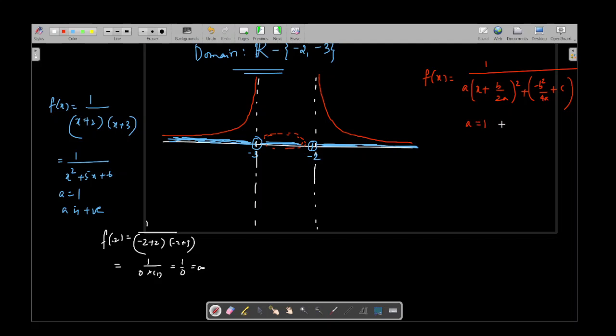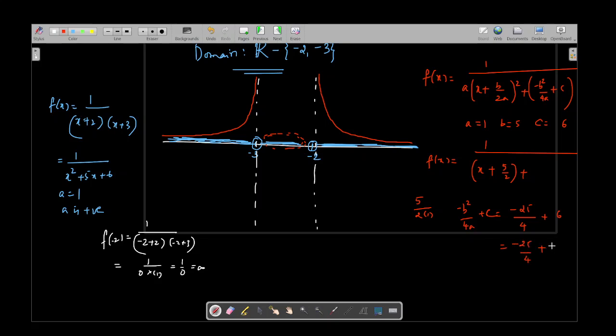So here a is 1, b is 5, and c is 6. So the quadratic can be written as 1 into (x plus b by 2a, 5 by 2 into 1, which is 5 by 2, this is my vertex), plus minus b square by 4a plus c. Minus b square, 25, divided by 4a, 4 into 1 is 4, plus c is 6, so this becomes minus 25 by 4 plus 6.